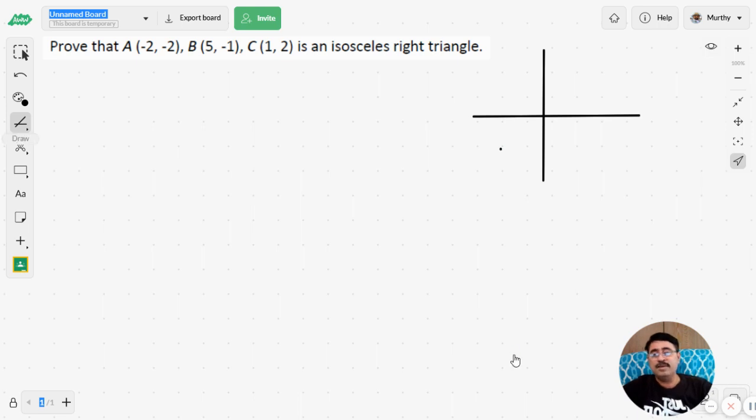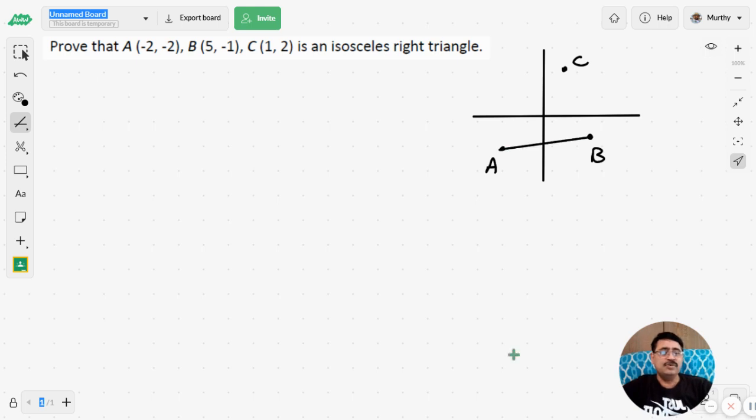Okay, so let me mark first of all. Here it should be A because both are negative. B has x equal to 5, so it should be here. And y is negative 1, so it should be somewhere here. And C is (1, 2). So I marked 3 points and let me join them.